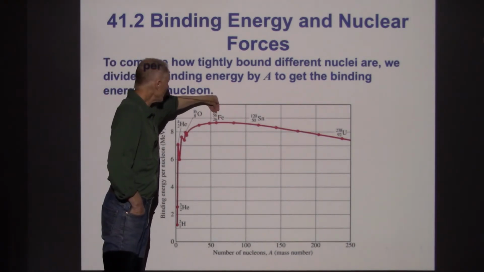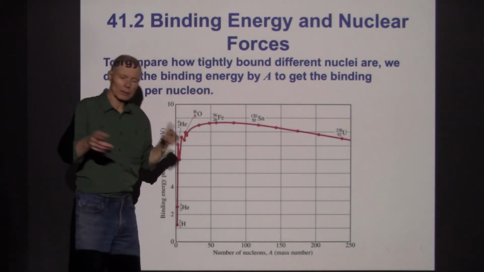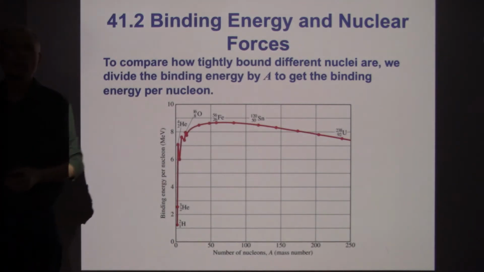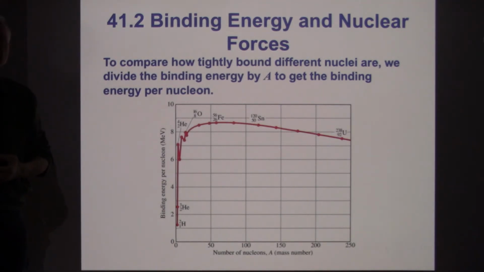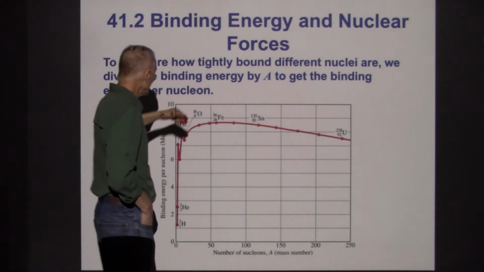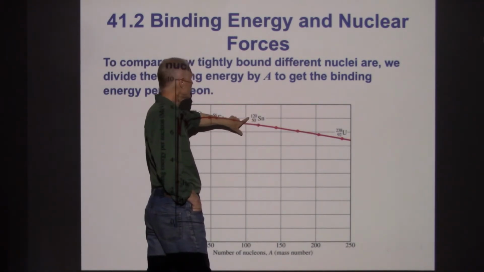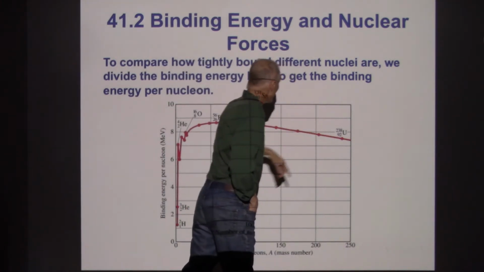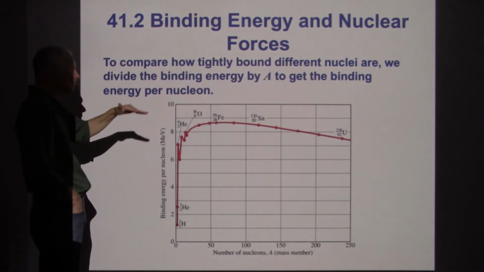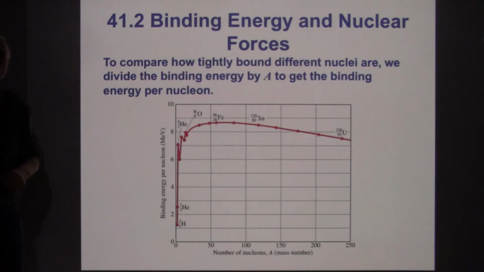When we get to iron, the elements in and around iron, those are the most stable isotopes of any of the isotopes that exist in nature. And so once you get past iron, this is tin-120. This is uranium-238. Notice that their binding energies have dropped down somewhat. So they're not quite as stable.